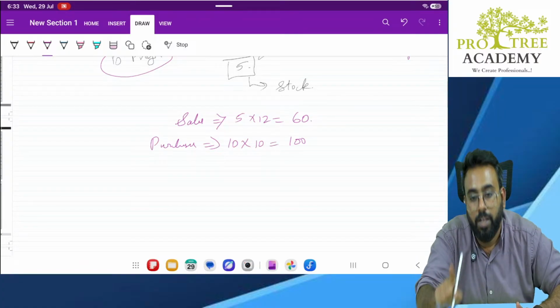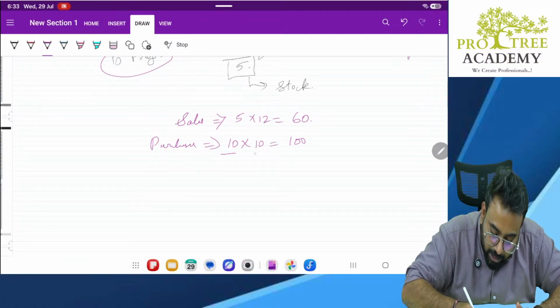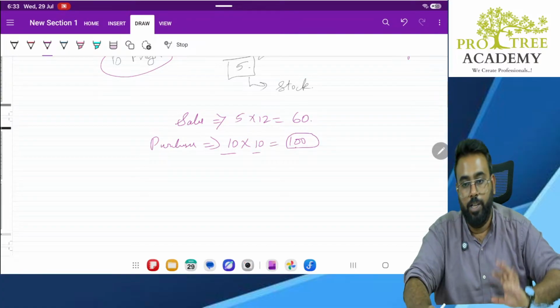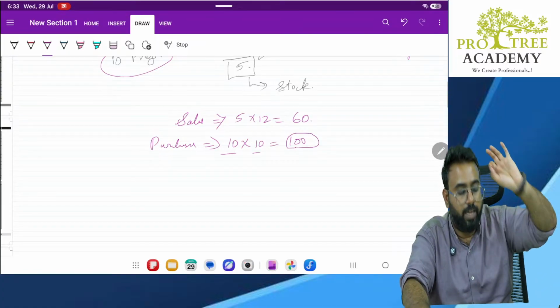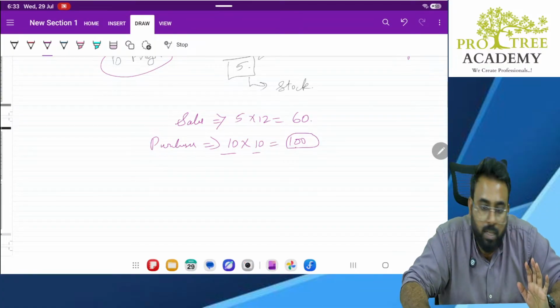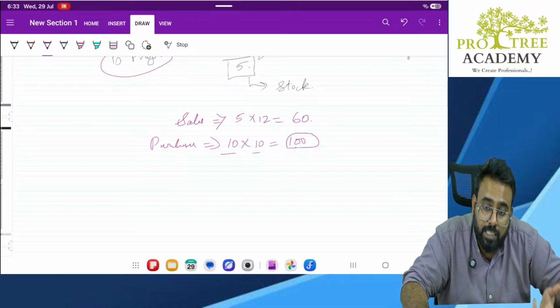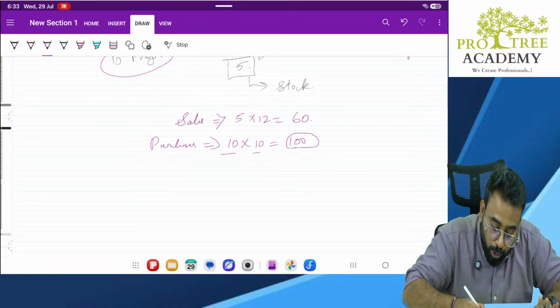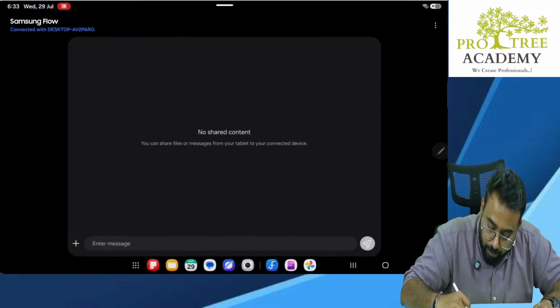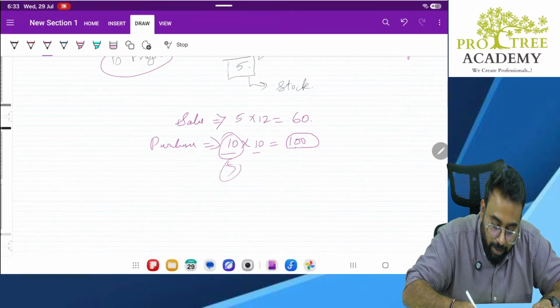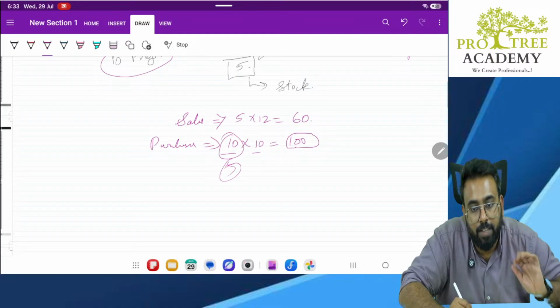No. Your purchases is actually 10 into 10, 100. You have purchased total goods worth 100 rupees. Correct or no? But if you want to calculate the profit, should you compare this 10 with this 5, or should you compare 5 with 5? You should compare 5 with 5.